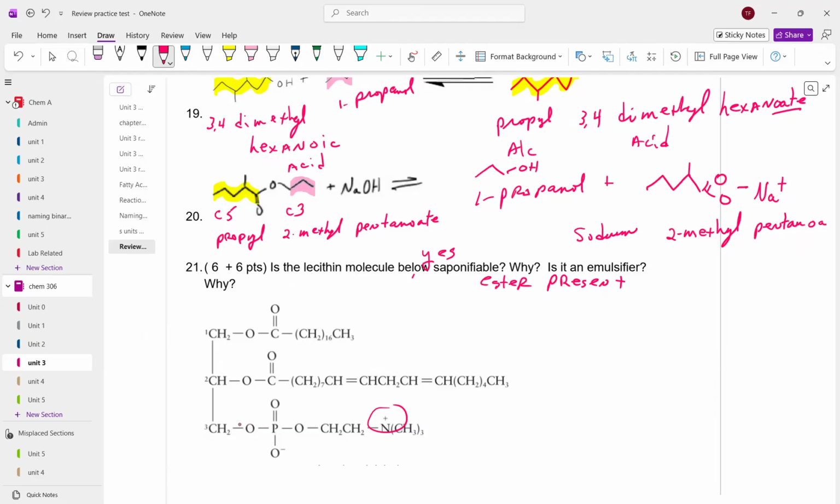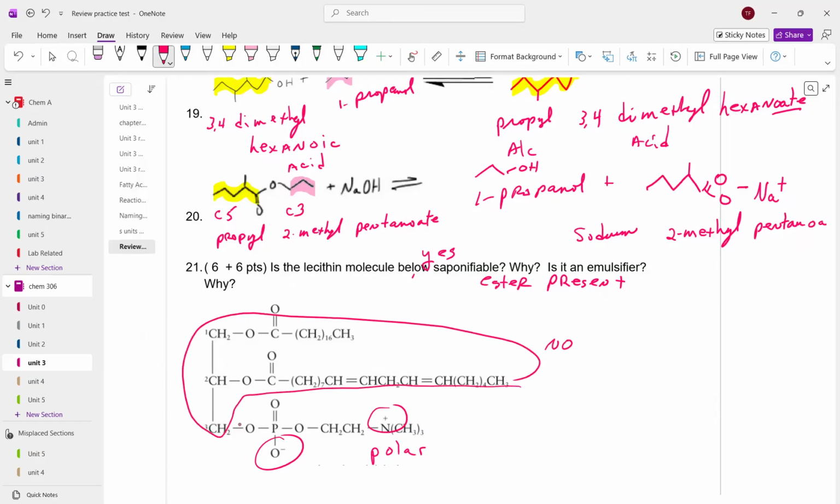That makes that very, very polar. Charge, very, very polar. Non-polar. So we've got the attributes for an emulsifier.